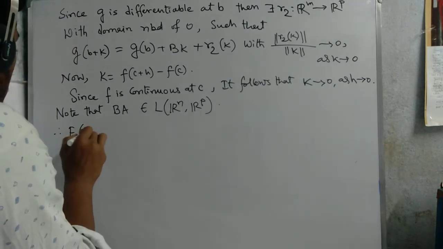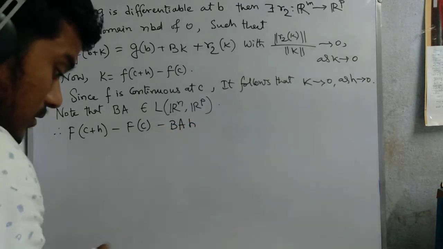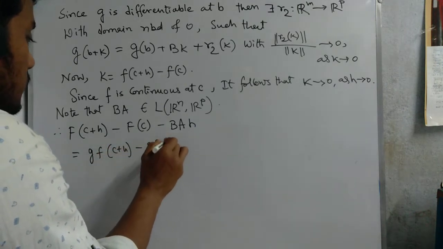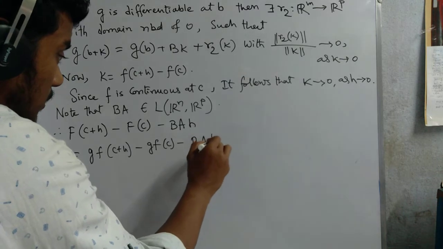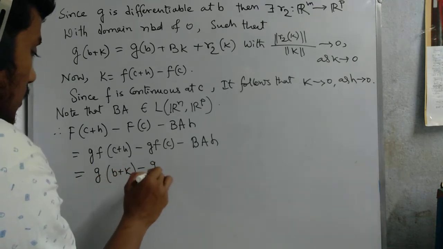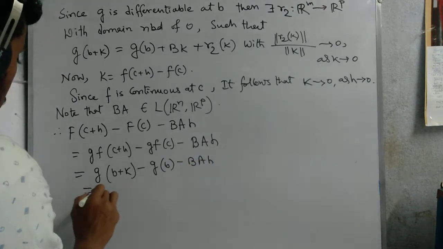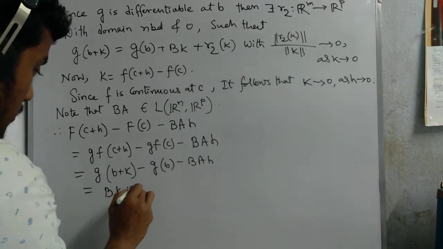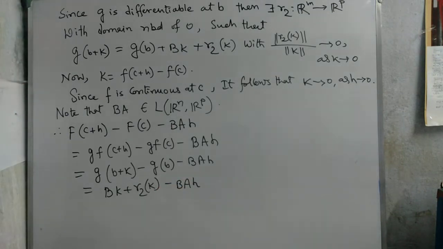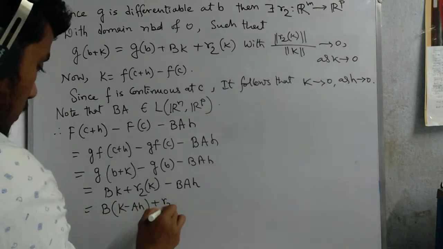Now F(c+h) minus F(c) minus BAh equals g(f(c+h)) minus g(f(c)) minus B(Ah), which equals g(b+k) minus g(b) minus B(Ah). This equals Bk plus R2(k) minus B(Ah), which equals B(k minus Ah) plus R2(k).